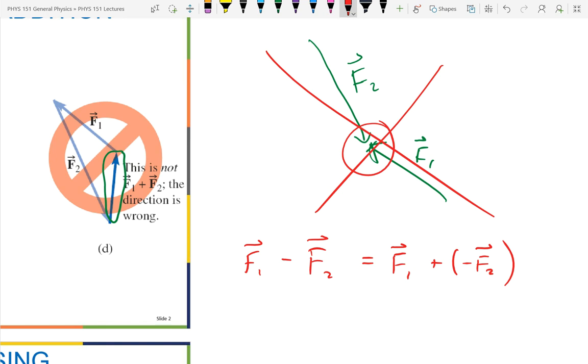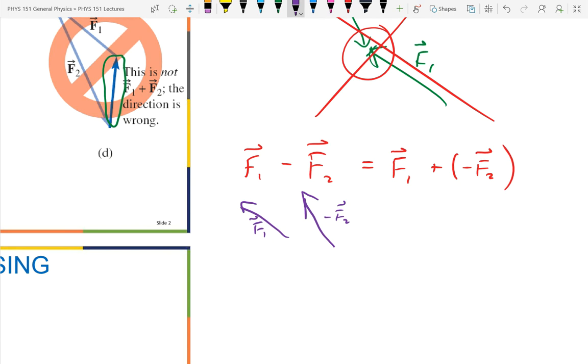So I take my F2 vector. The F2 vector was going down and to the right. And I say my minus F2 vector, there's the minus F2 vector. And of course, my F1 vector was like this. And so if I subtract them, there's my F1 vector. Here's my minus F2 vector.